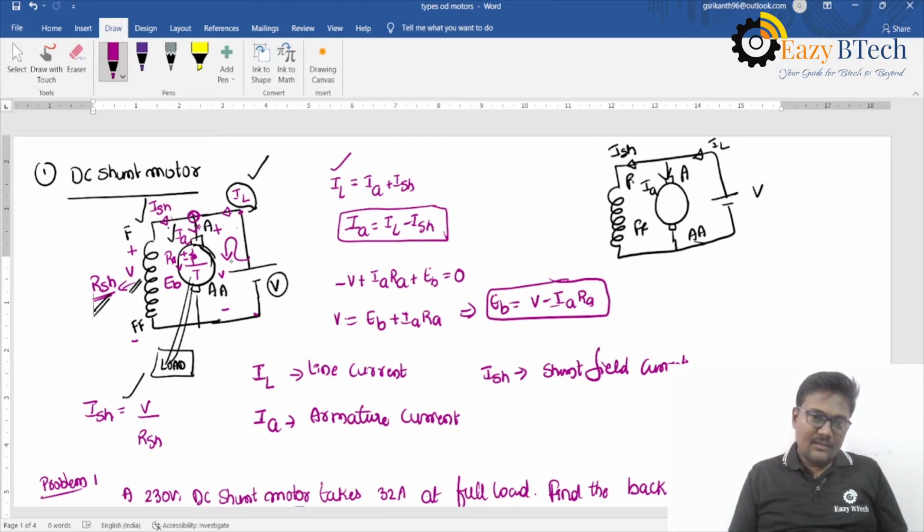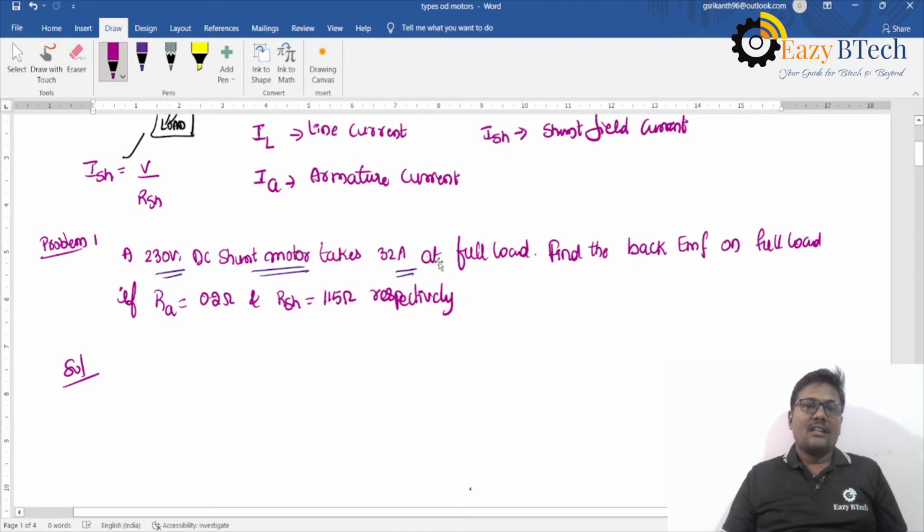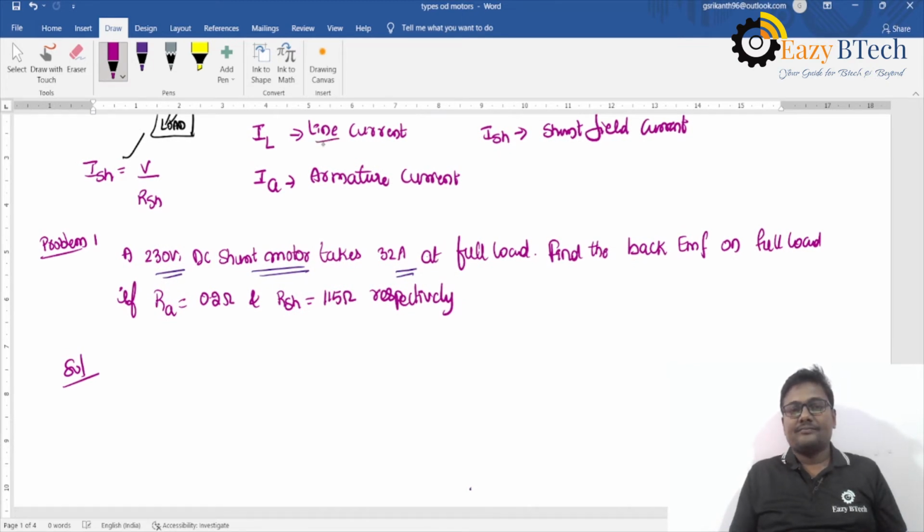By applying KVL to this loop, minus V, since the current enters the positive terminal it is read as positive, plus IA RA, plus EB is equal to 0. Then the supply voltage V is equal to EB plus IA RA, where the back EMF is equal to V minus IA RA. In this, IL is the line current, ISH is the shunt field current, and IA is the armature current.